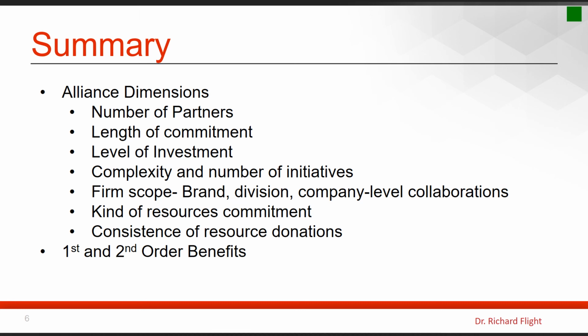So those are the things that we're looking for specifically from a first order perspective. Remember, second order benefits are things that we gain or get from the relationship that help contribute or enhance our first order goals and objectives.